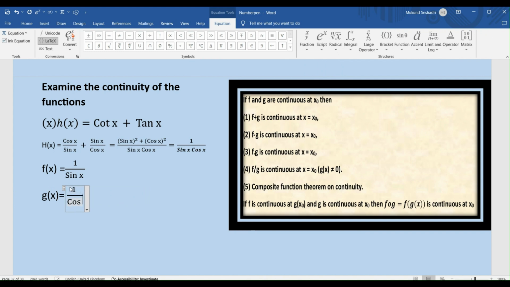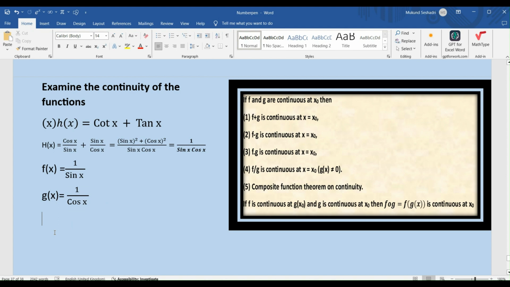And we know that sin x and cos x are continuous functions. But what about 1 by sin x and 1 by cos x, right? So let's note f of x is undefined at sin x equals 0, right?